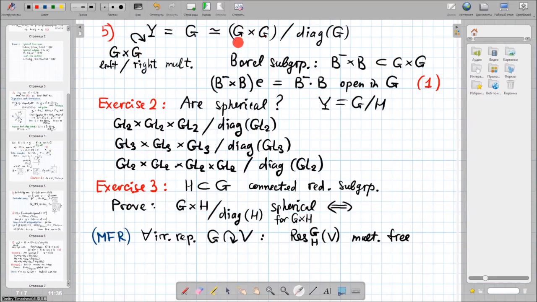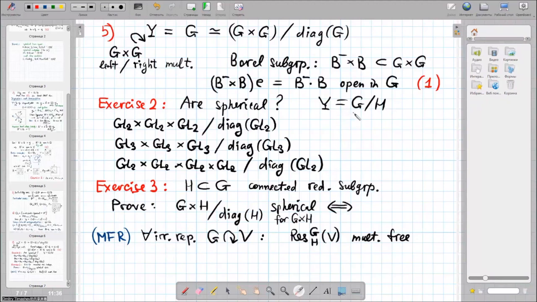In this fifth example, G itself is a spherical homogeneous space with respect to the action of G cross G. And here it is a bit more general. We consider the action of G cross H. The same as in exercise 2.